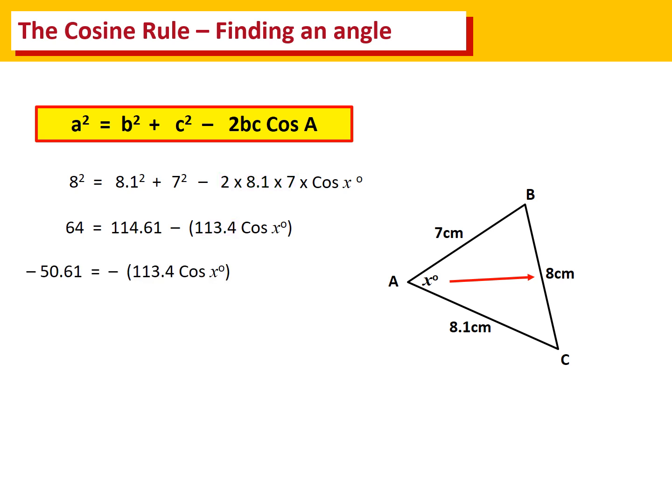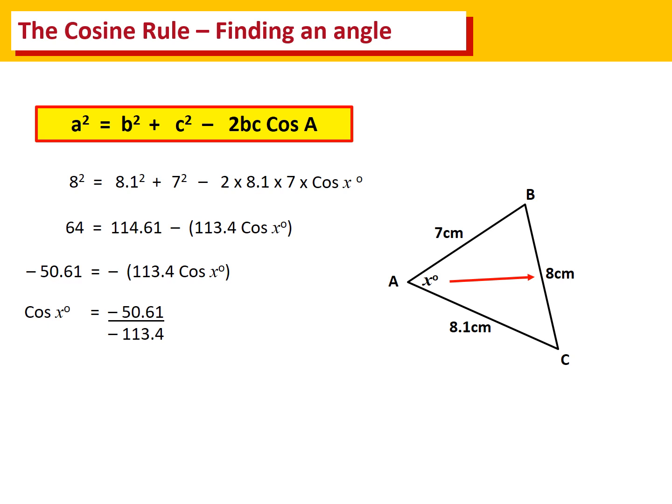So now I'm going to subtract that 114.61. I've subtracted that from both sides, so we've ended up with a negative on the left-hand side. When we've subtracted the 114.61, I'm left with negative 113.4 cosine X, which is what we've got here. I'm now going to divide both sides by that negative 113.4.